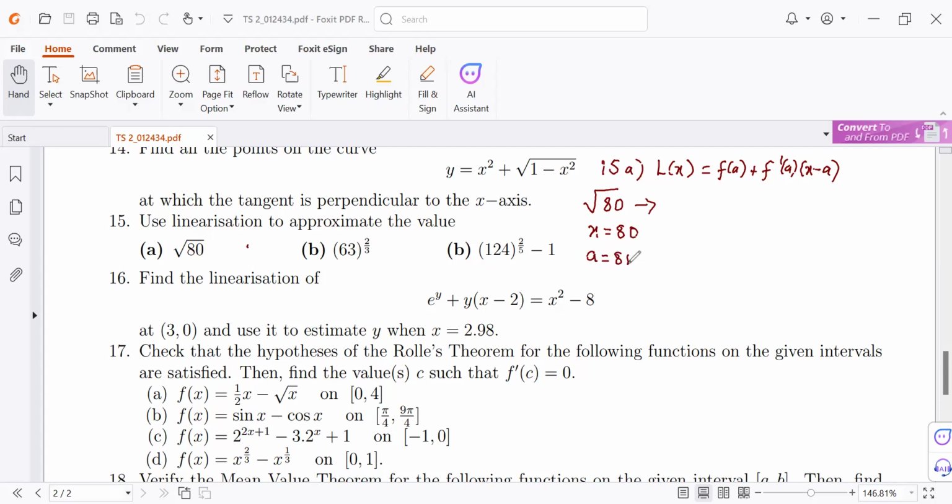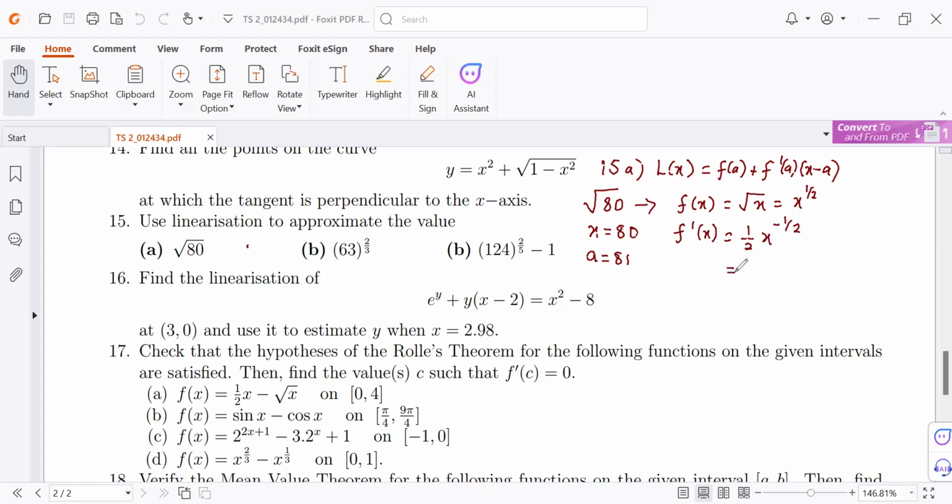Okay, so what will be our f? Our f of x is going to be root x. So this is x to the power half. We differentiate. f prime of x is equal to half x to the half minus 1, that's minus half.